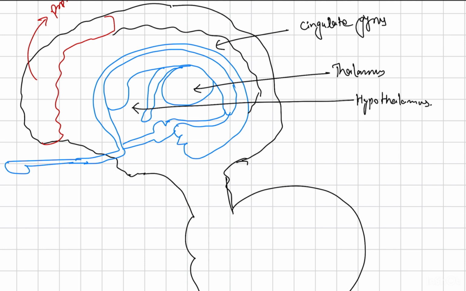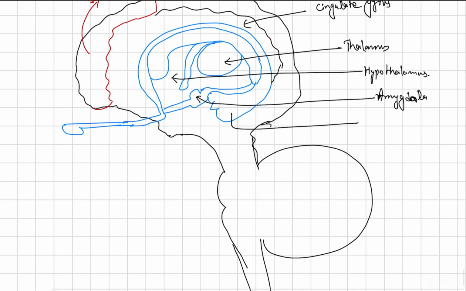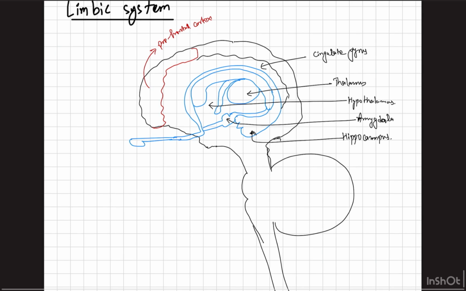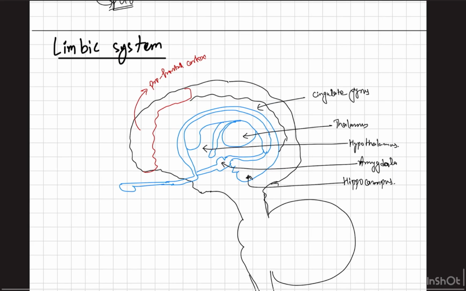And this is the amygdala, and this is the hippocampus. These are the anatomical distribution of the limbic system.